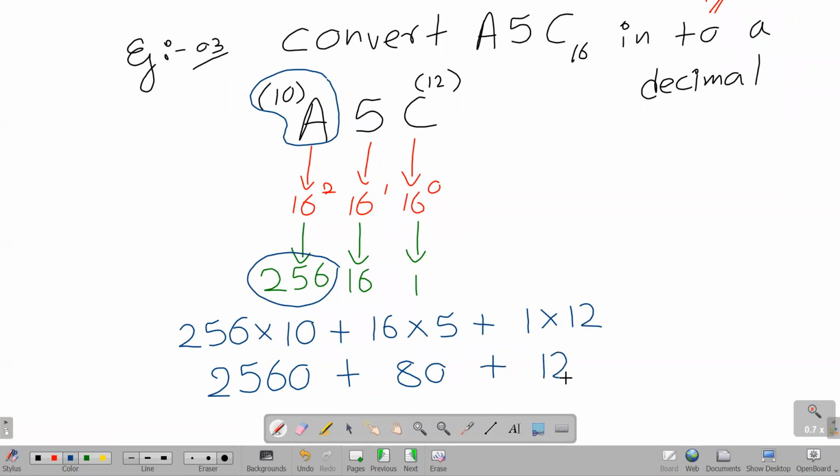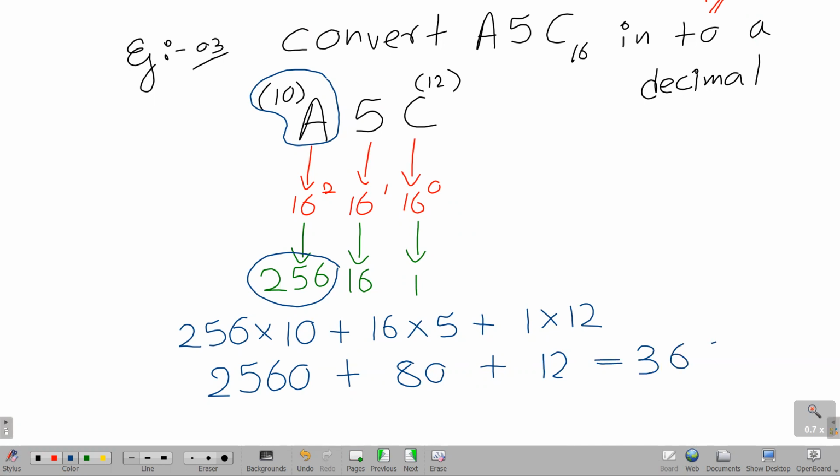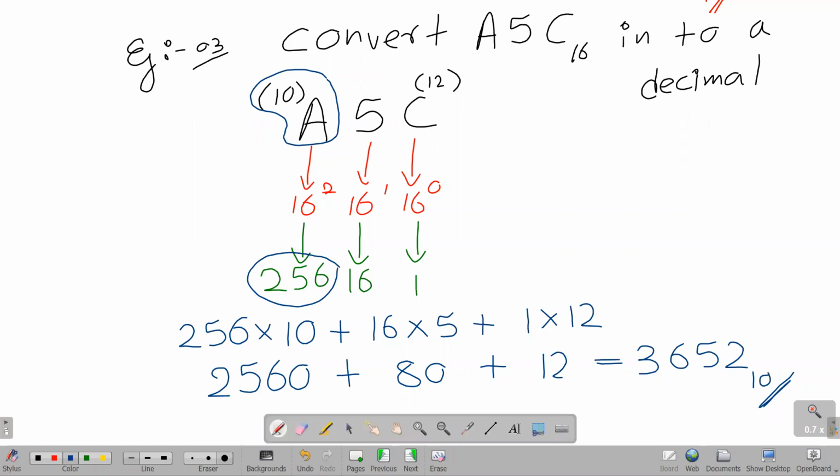That means 3652. 3652 in decimal. It's not 3000, it's 2652. My bad. It should be 2652. Is that correct? Yes.